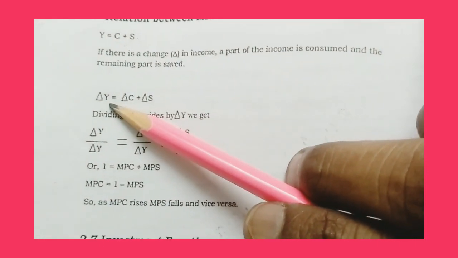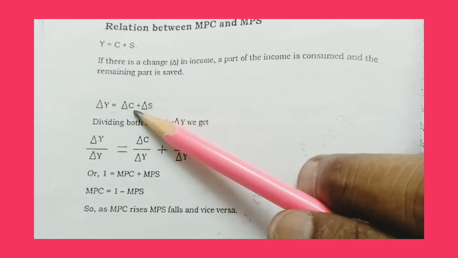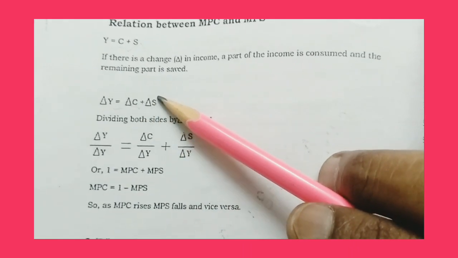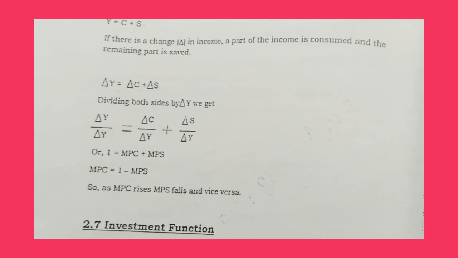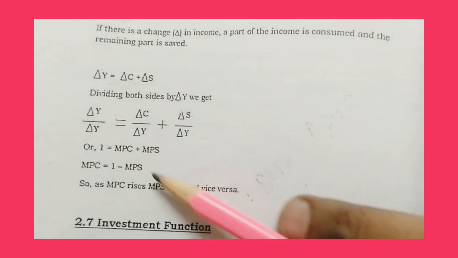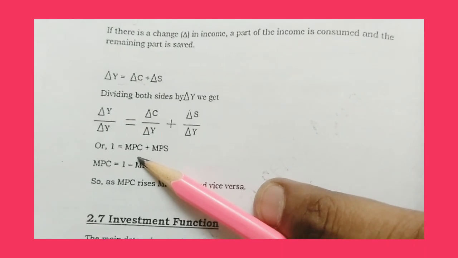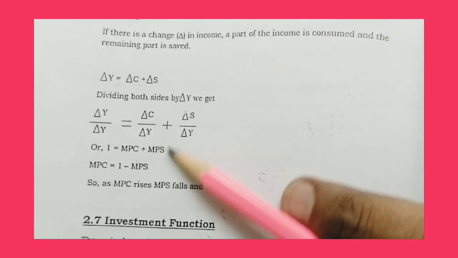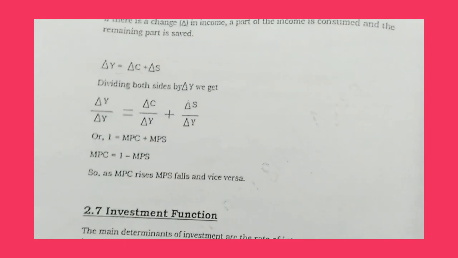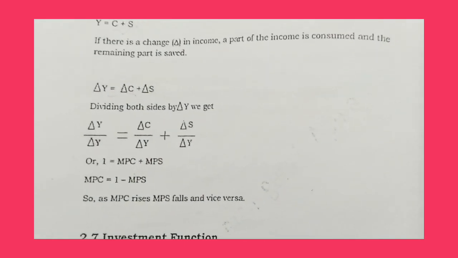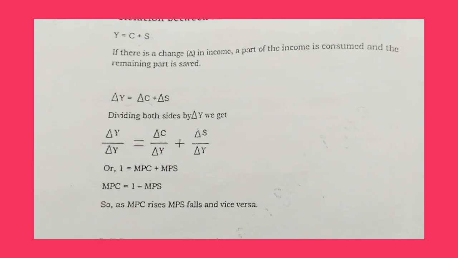So delta Y, the change in income, is equal to change in consumption plus change in saving. Dividing both sides by delta Y, we get 1 equals MPC plus MPS. MPC is nothing but 1 minus MPS. So as MPC rises, MPS falls and vice versa.